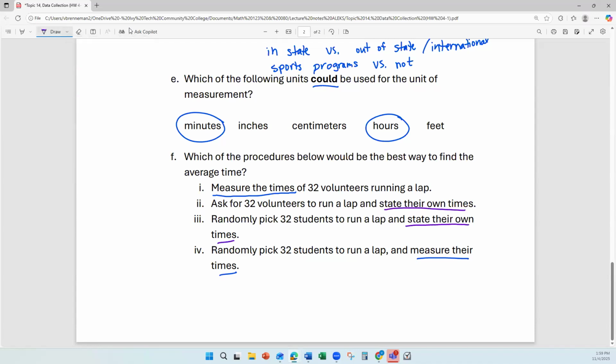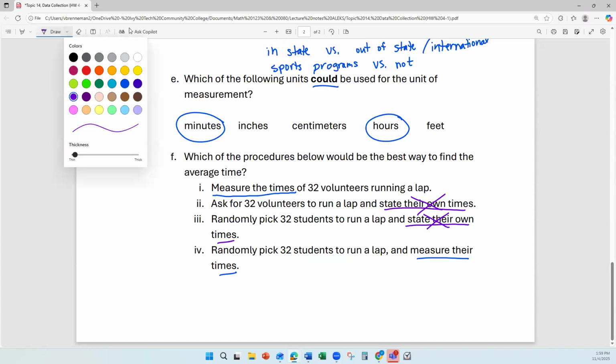So if you think about that, which of those would be better? Would be for an independent observer to measure the times. If they state their own times, there's going to be potentially inconsistencies in the measurement, or at worst, they just misstate their own time to make themselves look better or whatever that could happen.